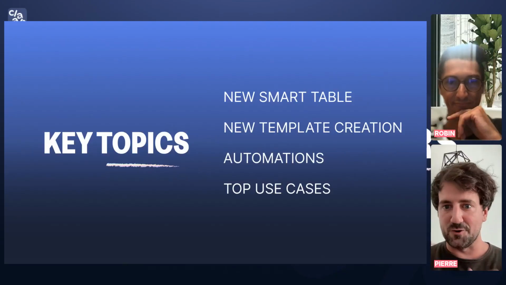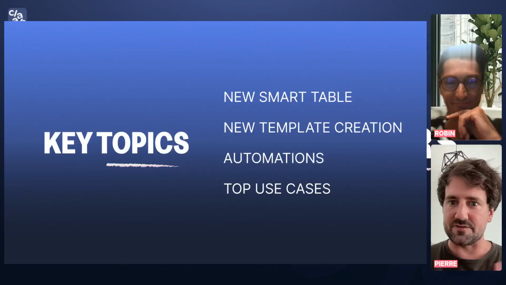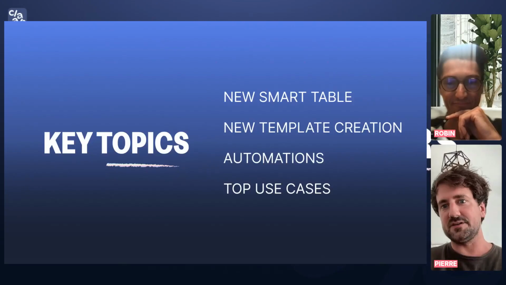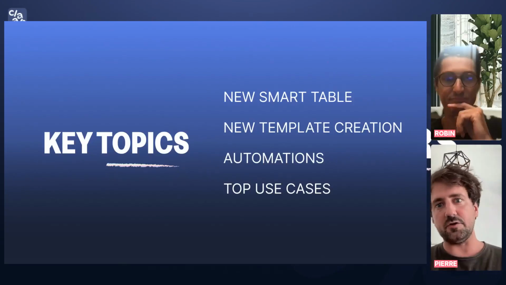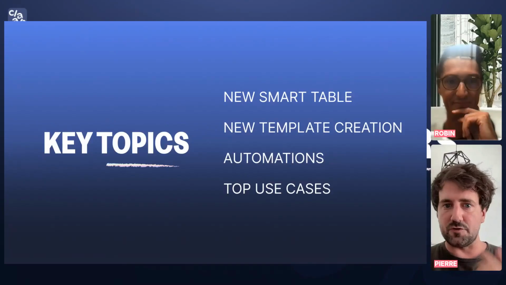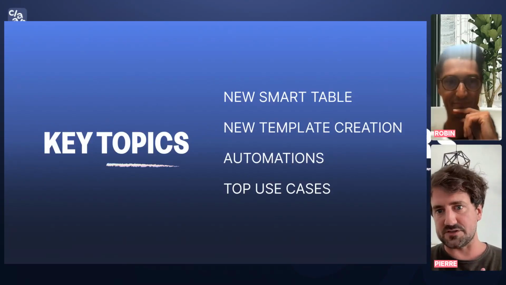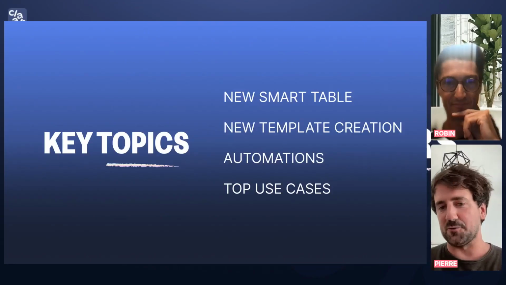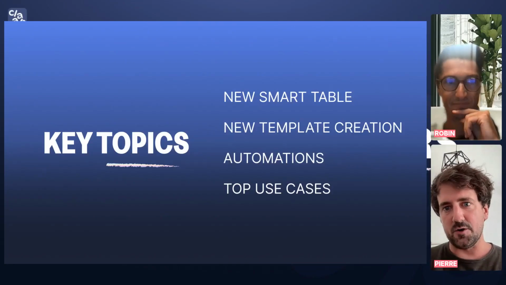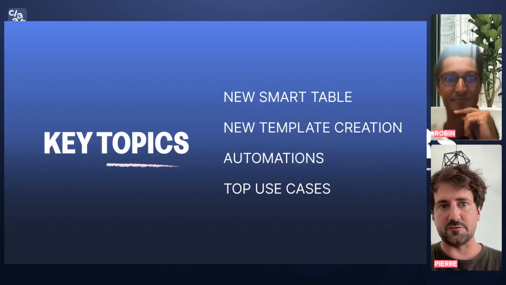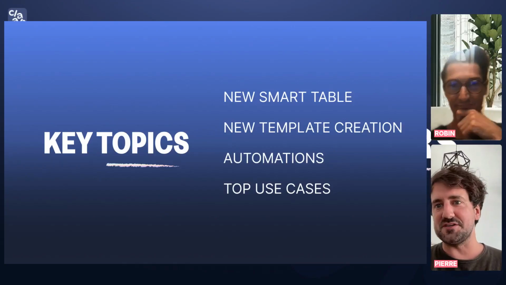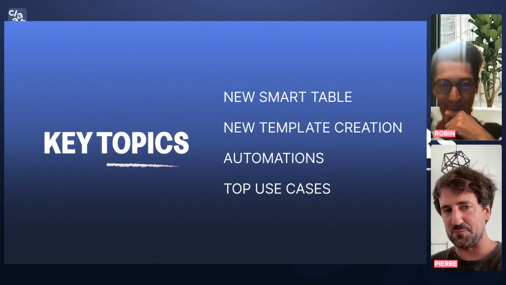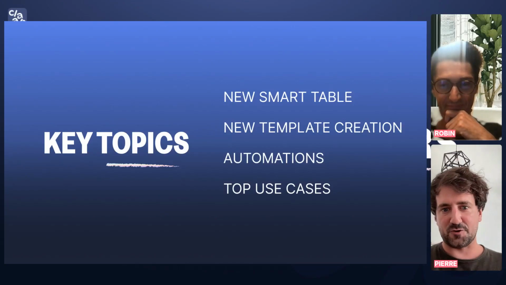There are a lot of cool things we've been building around that, with a template gallery and a new template generator. We are also going to cover automations, because insights are amazing, but if you cannot act on insights, it's a bit disappointing. And at the end, I will also cover my top 3 use cases I've been testing with our customers so far.